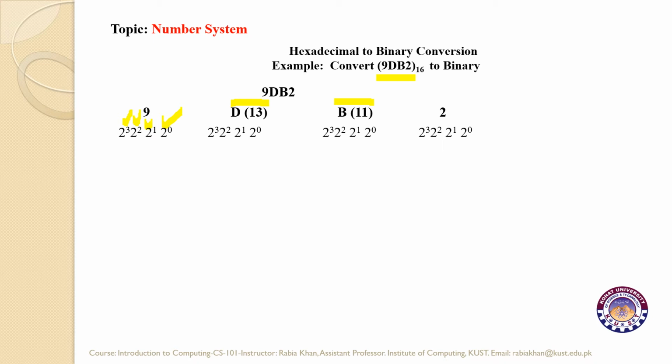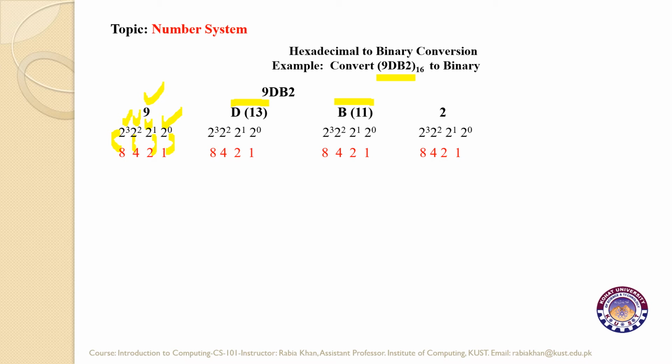So now we need to generate 9 out of these given 4 bits. For your simplicity, you can write 2 raised to power 3 means 8, 2 raised to power 2 means 4, 2 raised to power 1 means 2, and 2 raised to power 0 means 1. This is for your simplicity, so you can better add the required numbers to form the given hexadecimal digit.